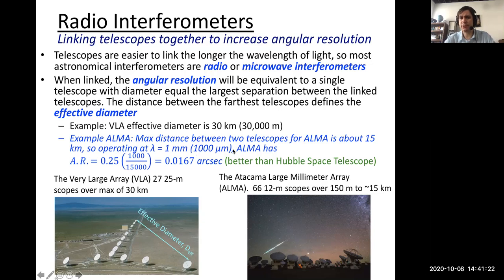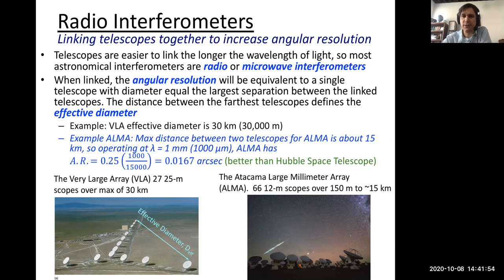So I can put this into my angular resolution equation. What's the wavelength? 1,000 microns. What is the effective diameter? 15 kilometers, 15,000 meters. Crunch those numbers, and I get an angular resolution of 0.0167 arc seconds. That's about 4 times better, 4 times smaller than the Hubble Space Telescope.